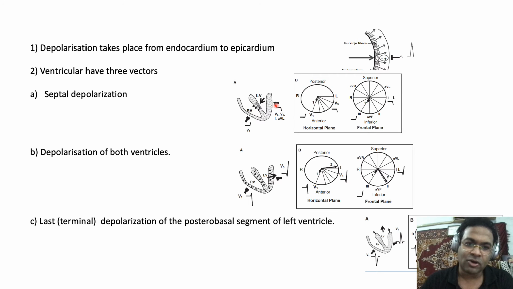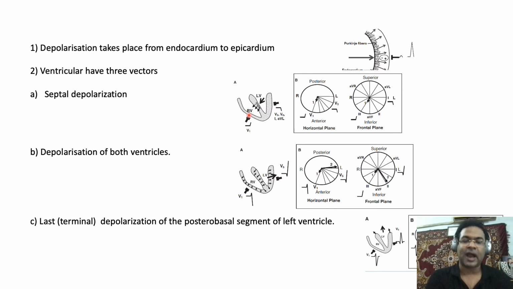Whereas, because this depolarization is going away from left to right, the left-sided leads actually have a small q. This small q is called the septal q, and this is why it always occurs in the lateral leads. So V5, V6, 1 and AVL show a small q due to septal depolarization.